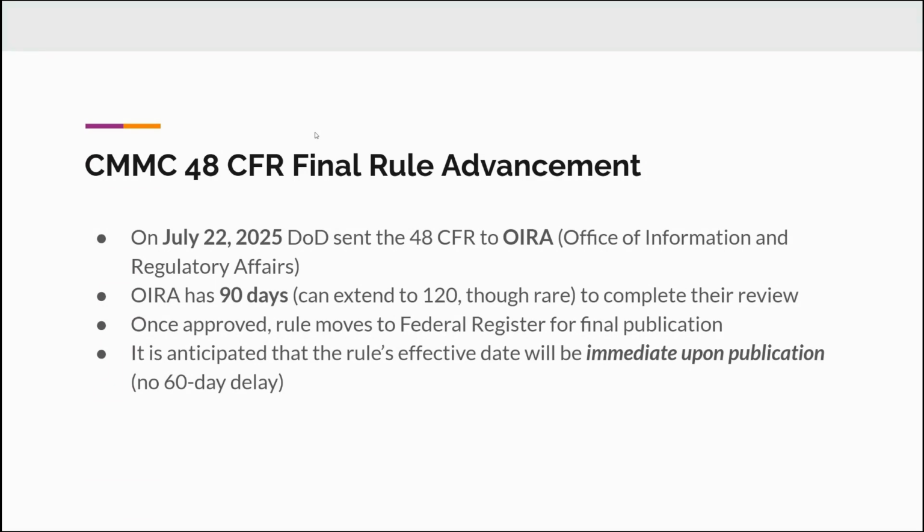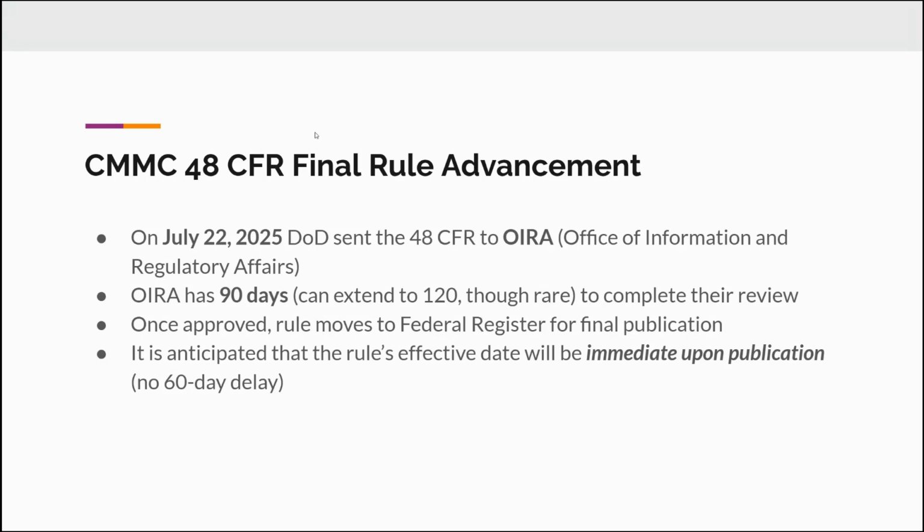And it's anticipated that once it goes through the review and then hits the Federal Register, the effective date will be immediate upon publication, because it was determined, just upon the rulers that they use and how they measure, that it had no significant economic impact.